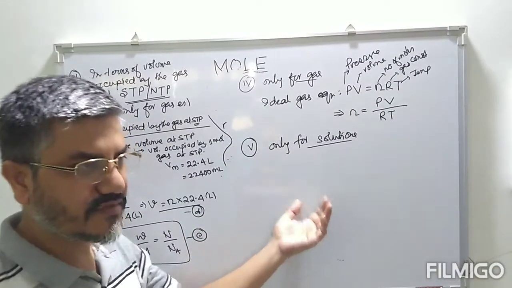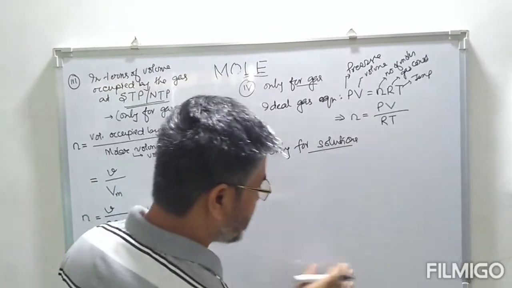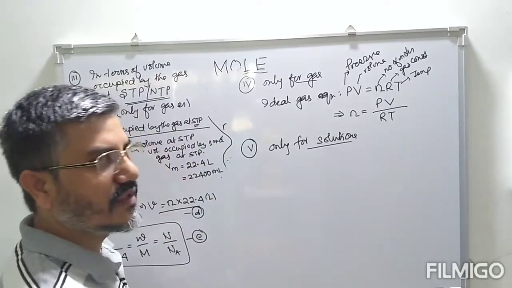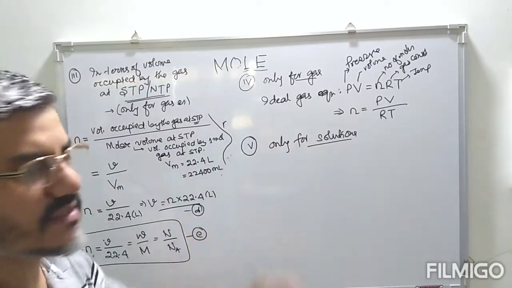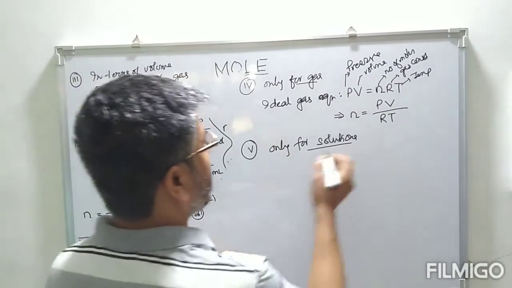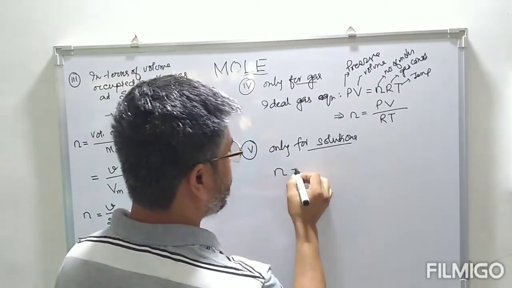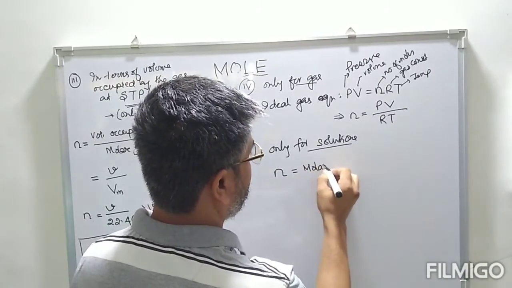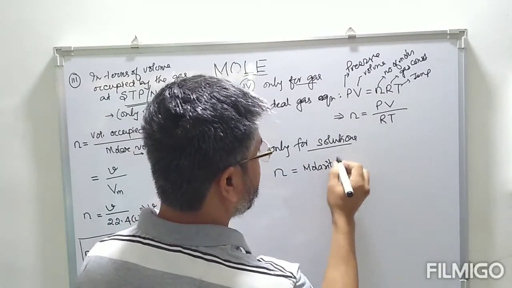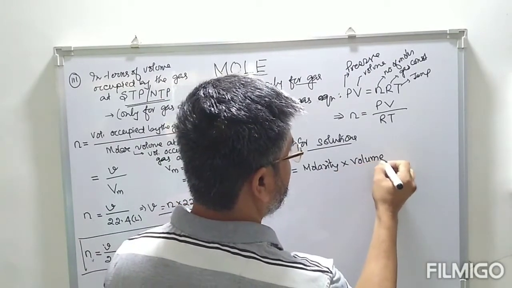Solutions are defined in terms of their concentration, which we'll discuss later on. Suppose the question says concentration is given and volume is given, then how do we define the number of moles? Number of moles is equal to molarity into volume.